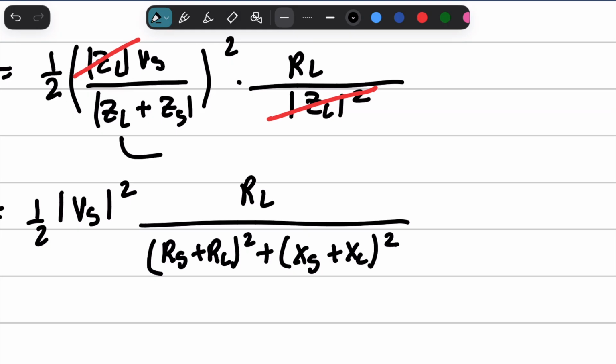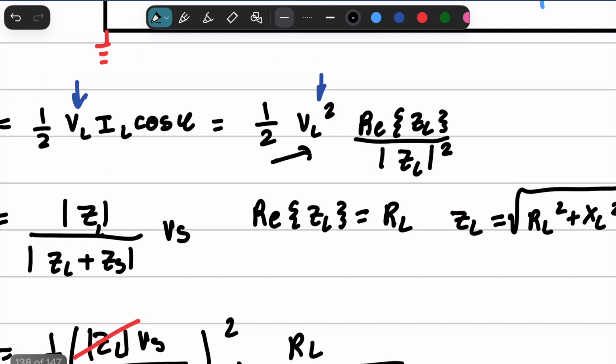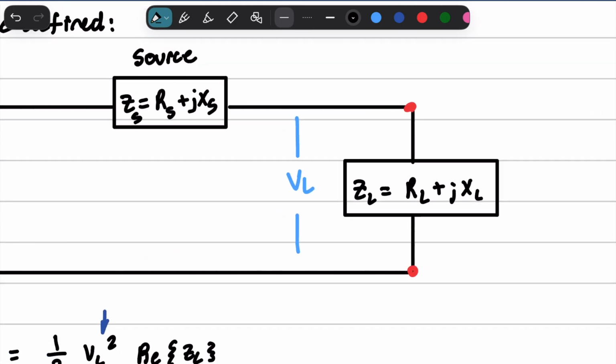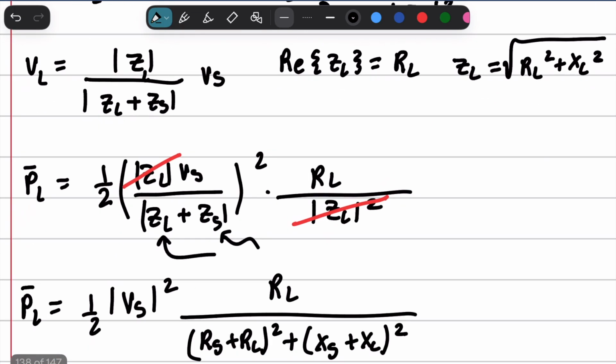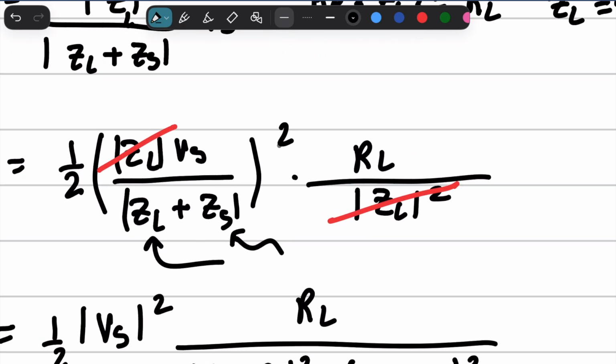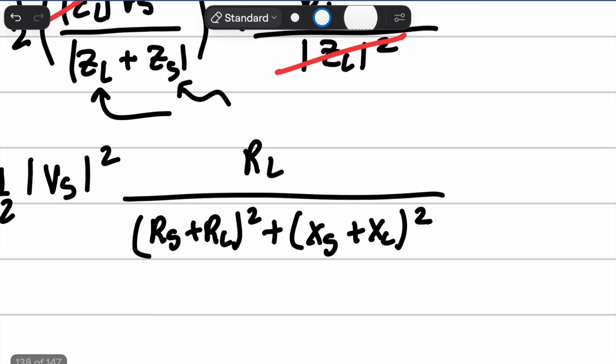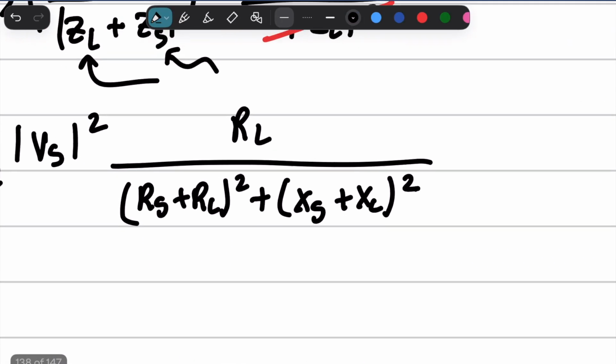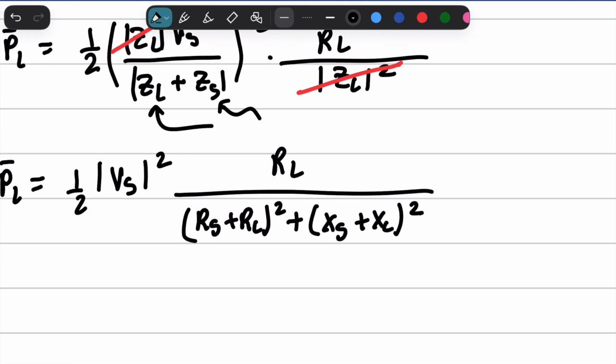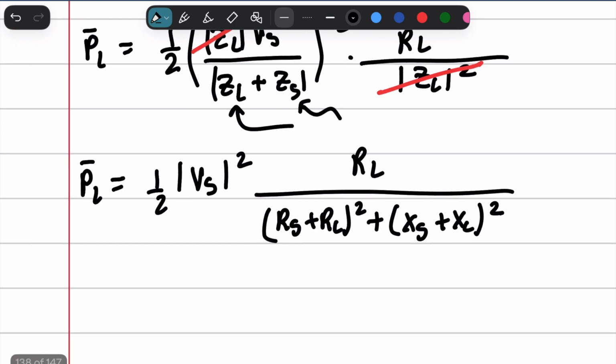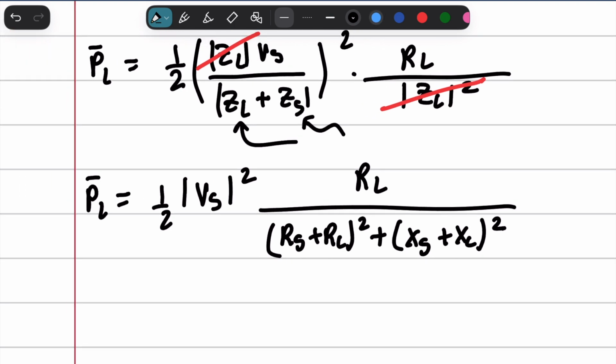And that's just because we have right here ZL and ZS being these guys right here, and then the square root is removed because of this square, and so we can simply just add them up, combine like terms. Okay, and so this is the equation that we will be optimizing.